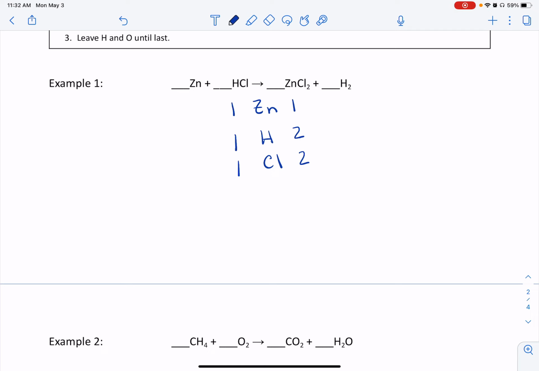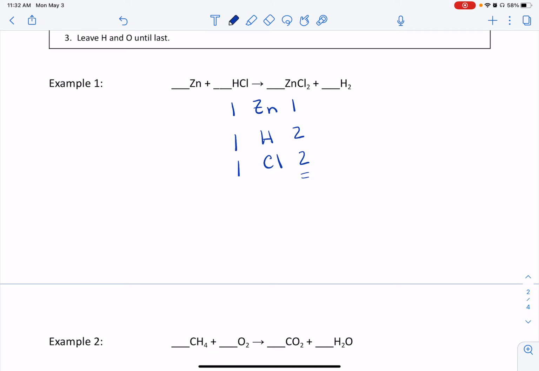So we're going to start, remember, we're going to leave hydrogen and oxygen to last. So we're going to start with chlorine. If I have 2 chlorines on the right and only 1 on the left, I need to find something that multiplies by 1 to give me 2. And that's going to be 2. So 2 times 1 equals 2.